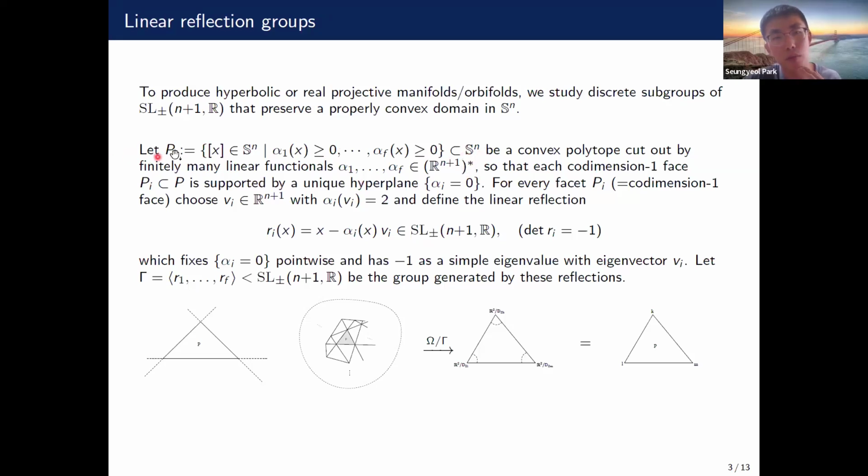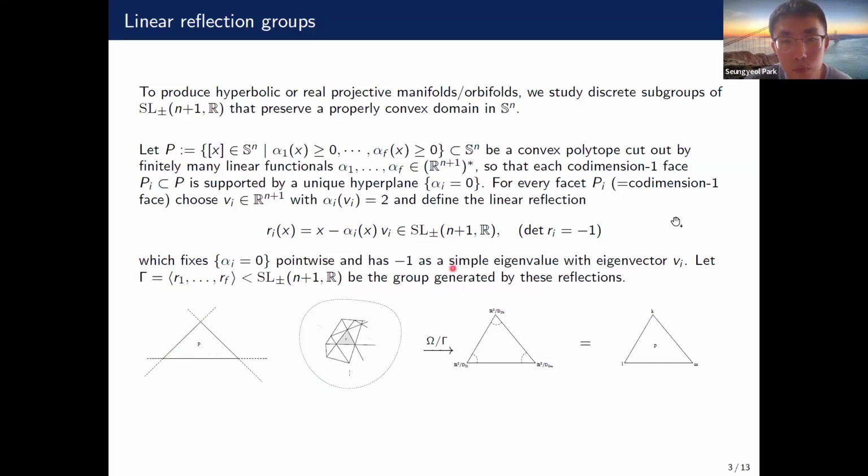So the convex polytope is the subset which is cut out by those hyperplanes. Here I have drawn one example. These three lines are hyperplanes, and they cut out the convex polytope. And then each codimension-one face is of course supported by the kernels.